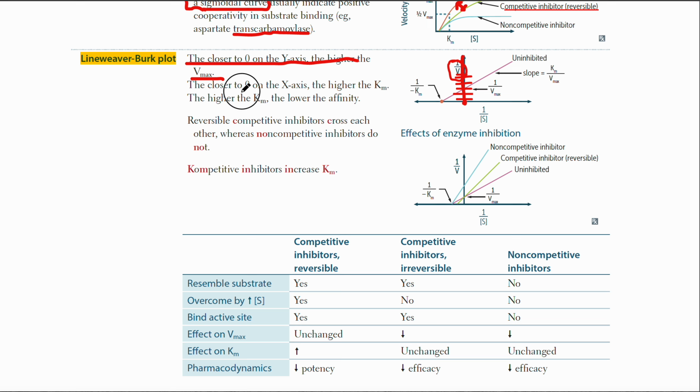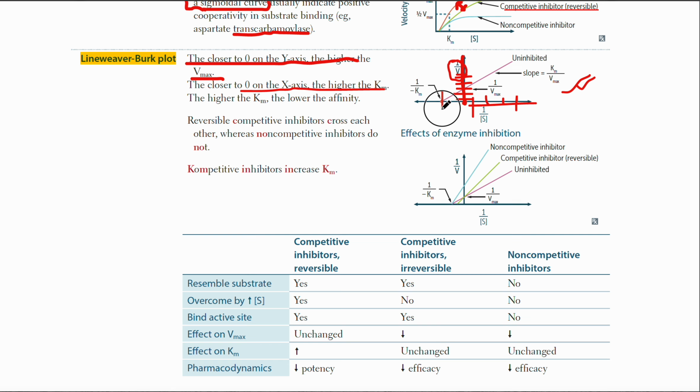The closer to 0 on the x-axis, the higher is the Km. You can see here, right? On the x-axis, the higher is the Km. So it happens in the negative here. In the uninhibited line, there is a slope of Km by Bmax plotted in this graph, and it goes to the negative x-axis.